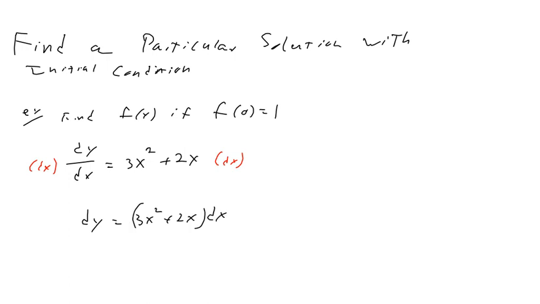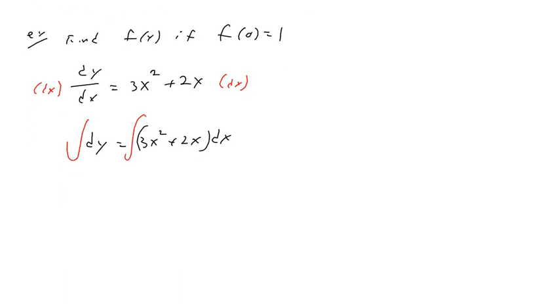Integrate both sides. We're going to get y equals, what's this equation? Someone in the chat, plug this in. What's the integral of 3x squared plus 2x dx? That should be easy.